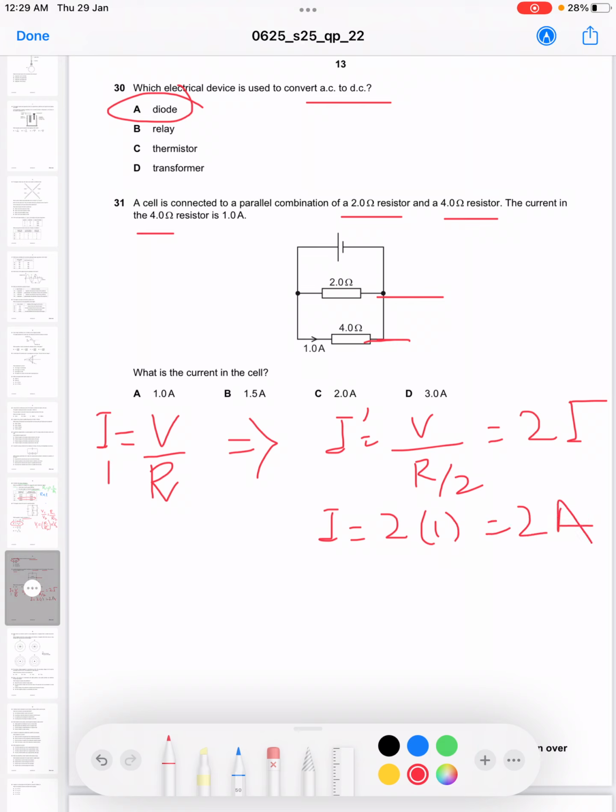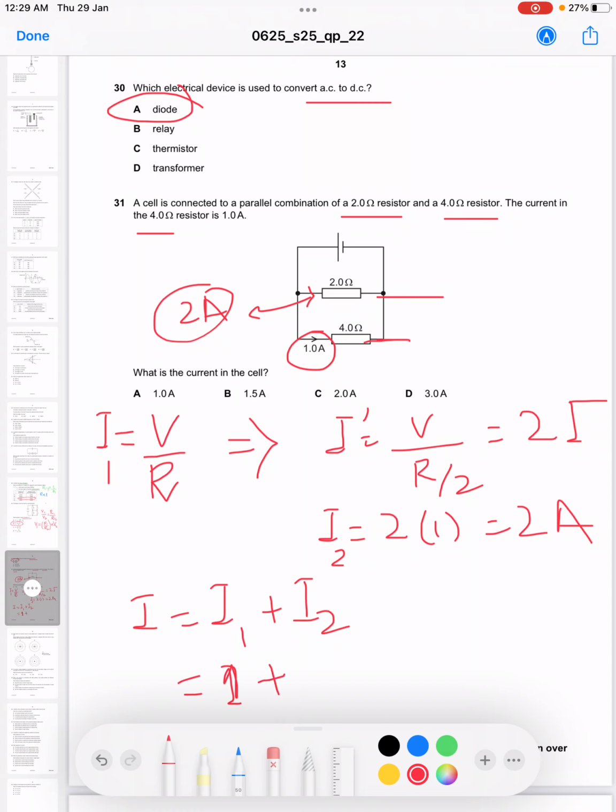Let's suppose I call this I1 and this I2: this is 2 amps, and this is 1 amp. So the total current is the sum of both currents. 1 plus 2 gives you 3 amps current in the cell. Basically they are talking about the whole cell, not the 2 ohm resistor separately. So the correct option is D.